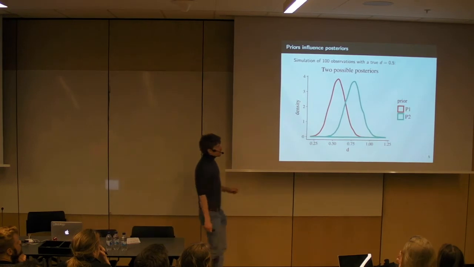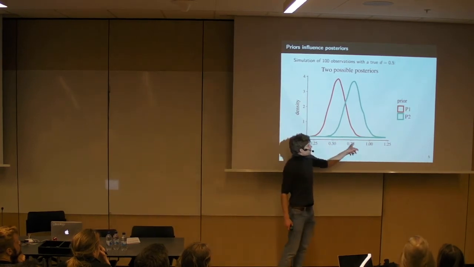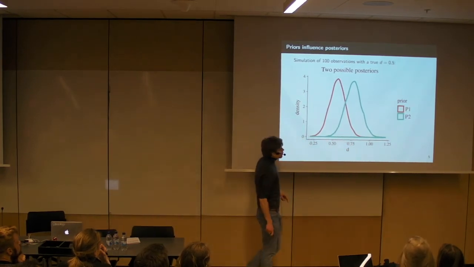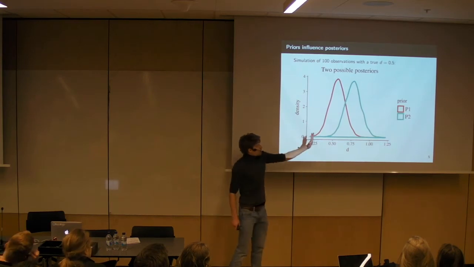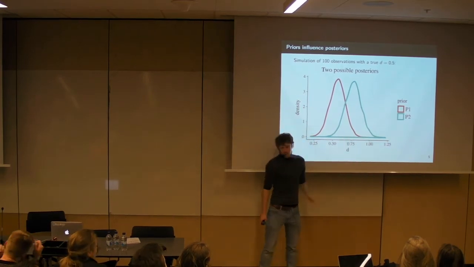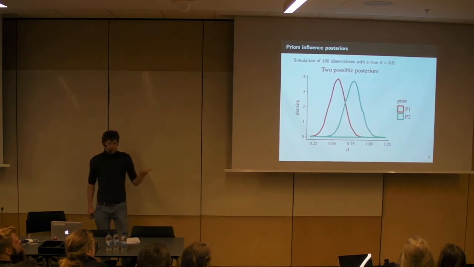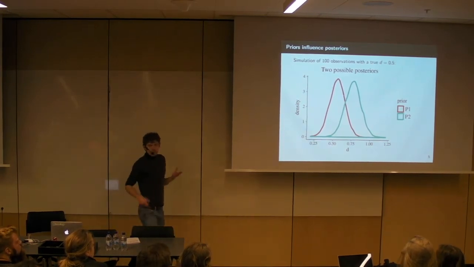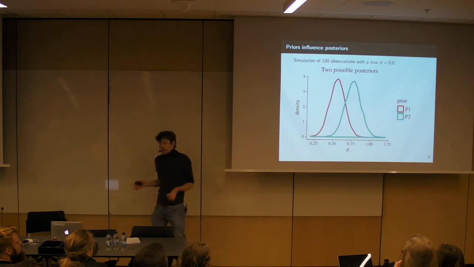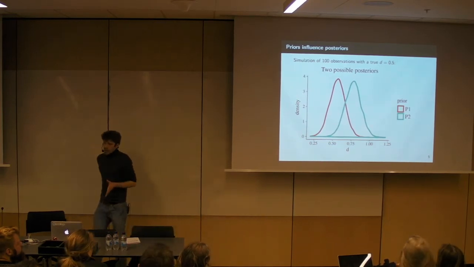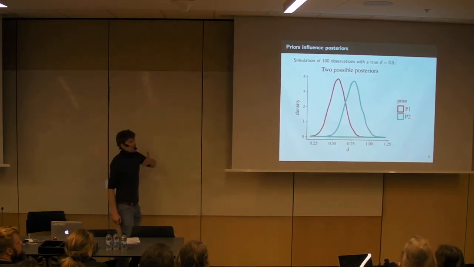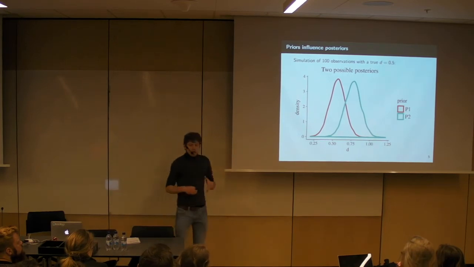So we see that because we put much information on the bluish prior, the posterior is sort of more on the right because we put more prior information. So that's just the nature of Bayes' theorem, and it's important to know that what we do with priors, we influence the posterior. And how much we influence the posterior depends on how strong the prior is, but also on how much data we have.